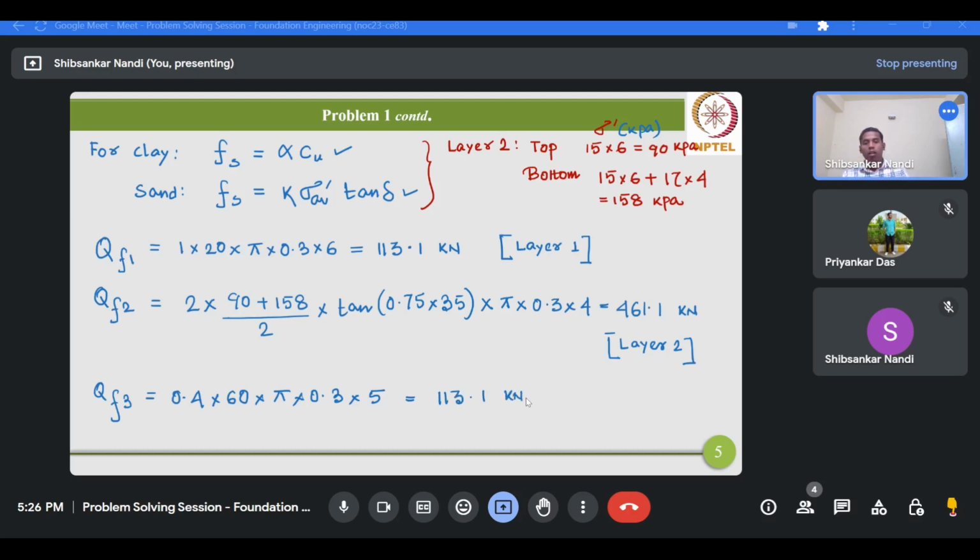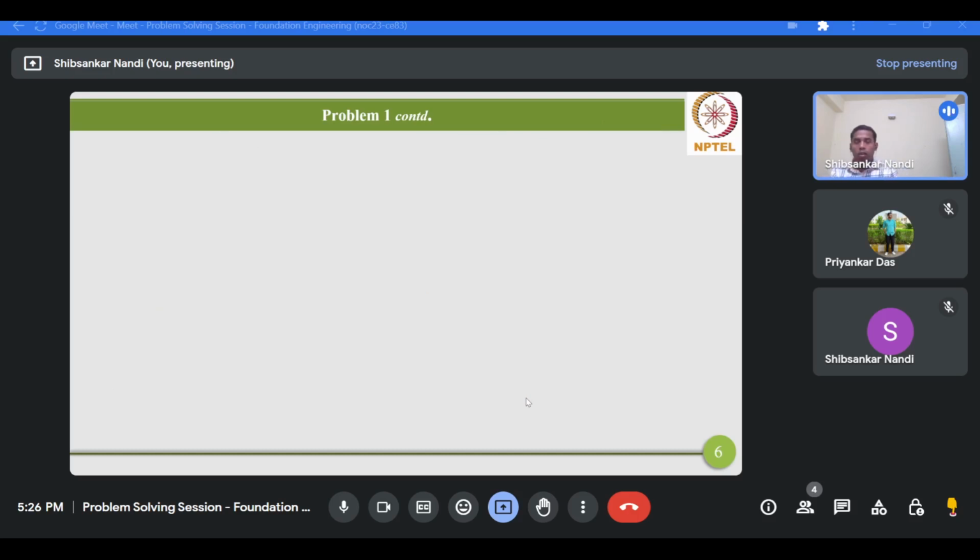Now we'll add all these three components to get the ultimate skin friction resistance.